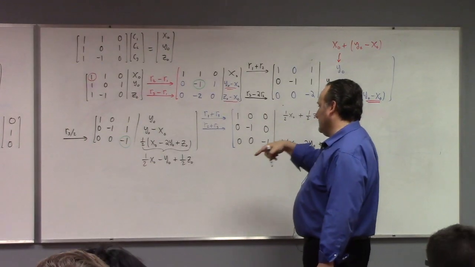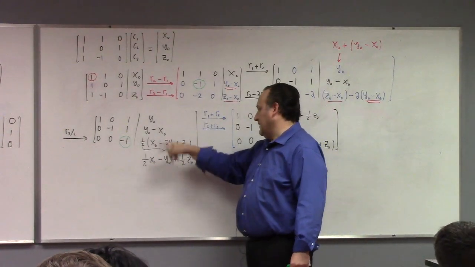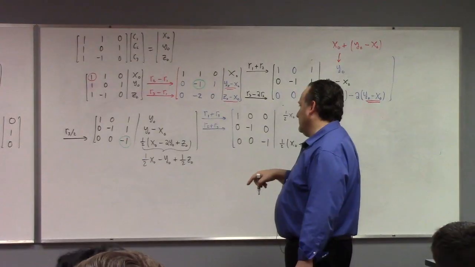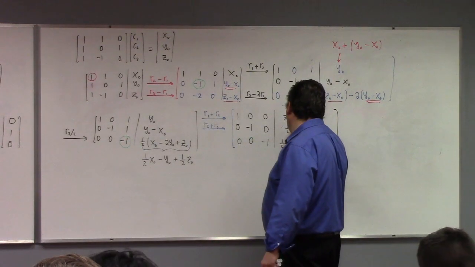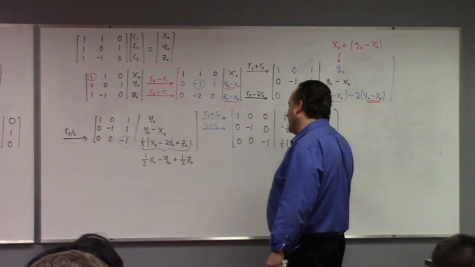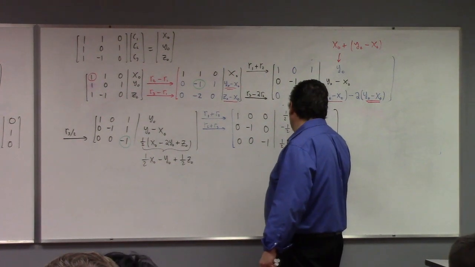And row 2 plus row 3, again the y naughts are canceling, and we just get minus 1/2 x naught plus 1/2 z naught.